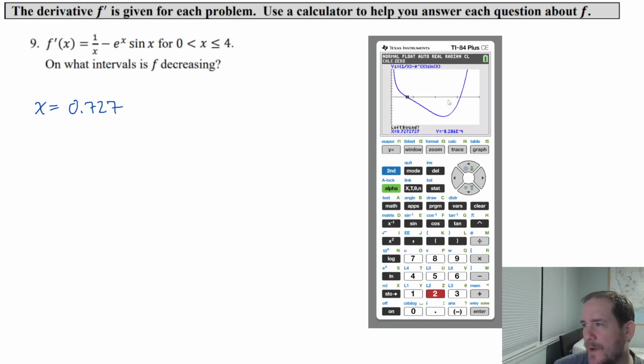I want to hop over here. Again, you can scroll, but scrolling takes a while. So again, it looks like 3 is going to be to the left of our answer, and 3.5 will be to the right of it, and 3.2 looks just as good a guess as anything. So there it is, 3.128 if we round up.